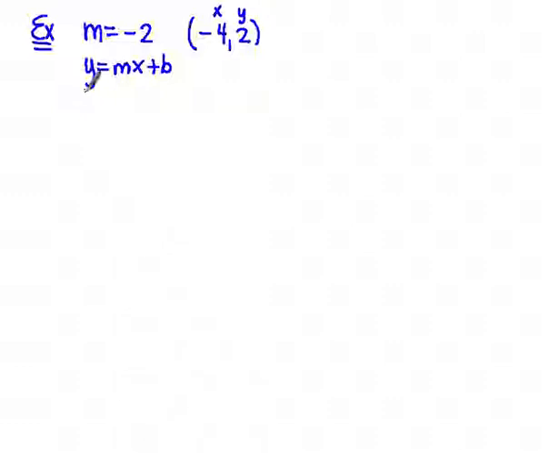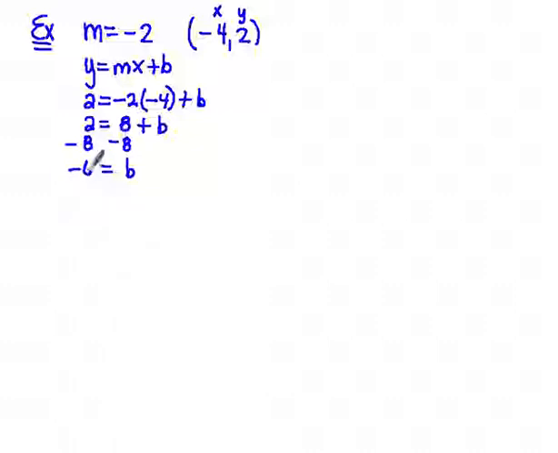So I have 2 equals -2, which is the slope, times the x value of -4 plus b. So I have 2 equals -2 times -4 is +8 plus b. And then I can solve that one-step equation by subtracting 8 from both sides, and I get b is equal to -6. Now, stopping right there is not the final answer.